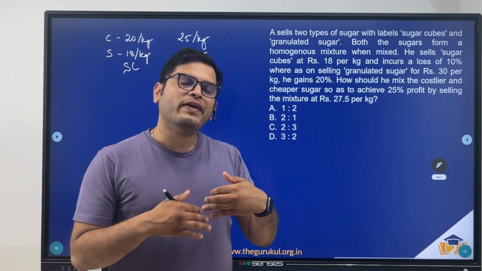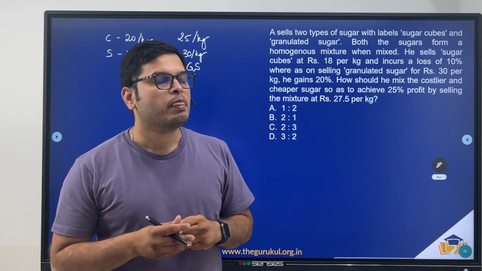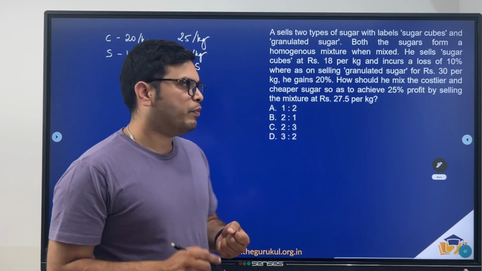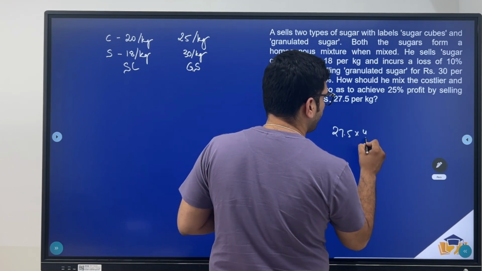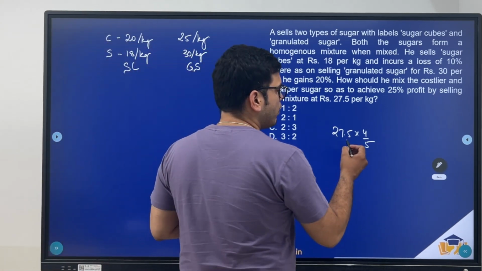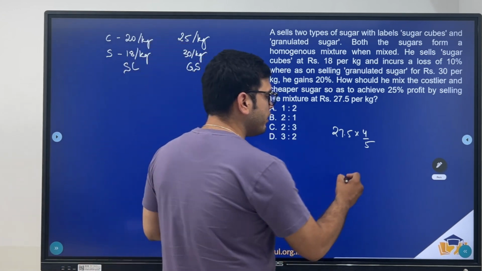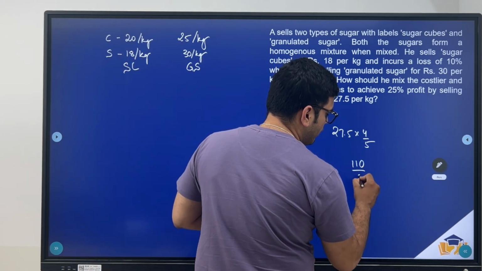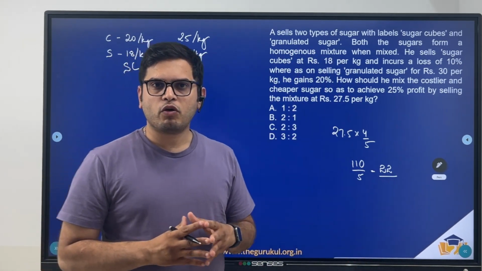So if he's selling at 27.5 rupees per kg, he should be getting a profit of 25%. What should the cost price be? Cost price should be 27.5 into 4 by 5, right? So 27.5 into 4 into 2 is 55, 55 into 2 is 110, so 110 by 5, so rupees 22 per kg should be the cost price.